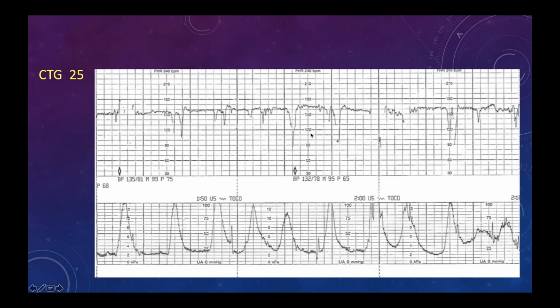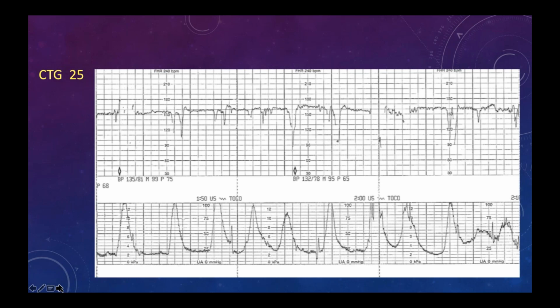Variable decelerations, with the feature of no variability in between decelerations. Ma'am, absence of shouldering. Yeah, that is there, but there is no variability. You see, no variability.